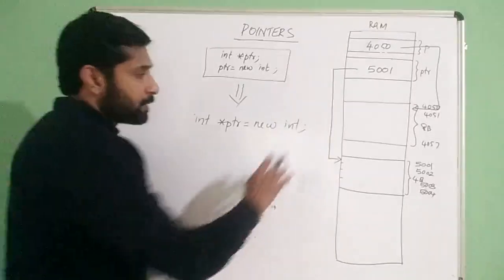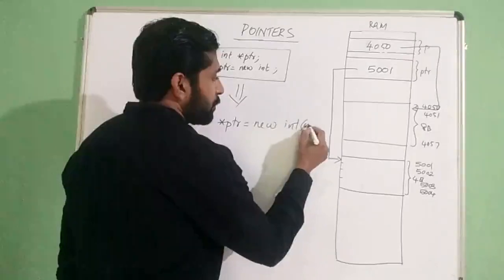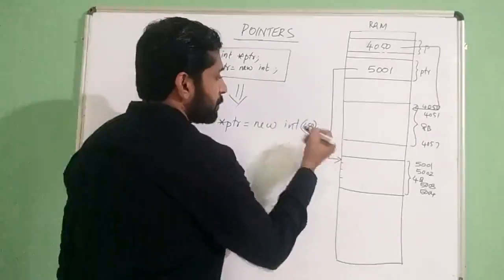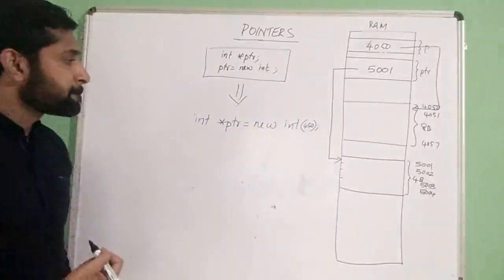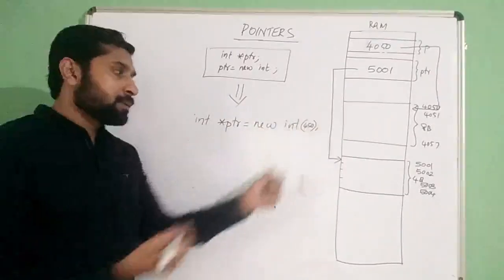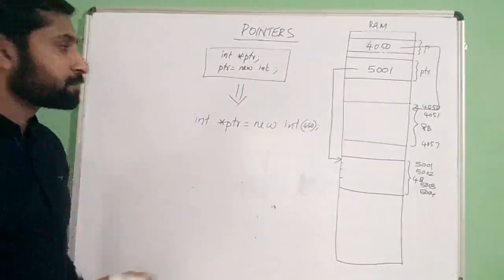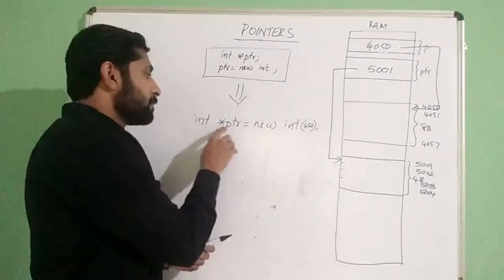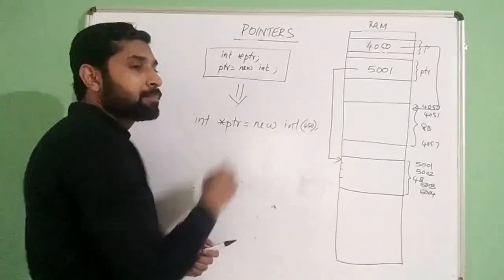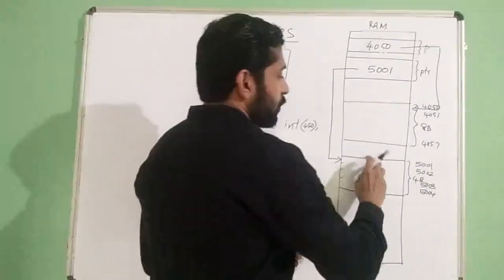Now suppose, instead of putting a semicolon here, we write 450 in parentheses, like this: int star ptr equal to new int parenthesis 450. What happens? The new operator with int data type reserves 4 bytes.